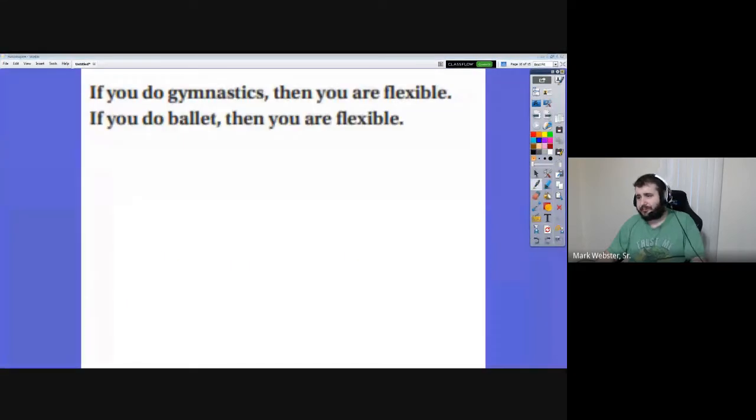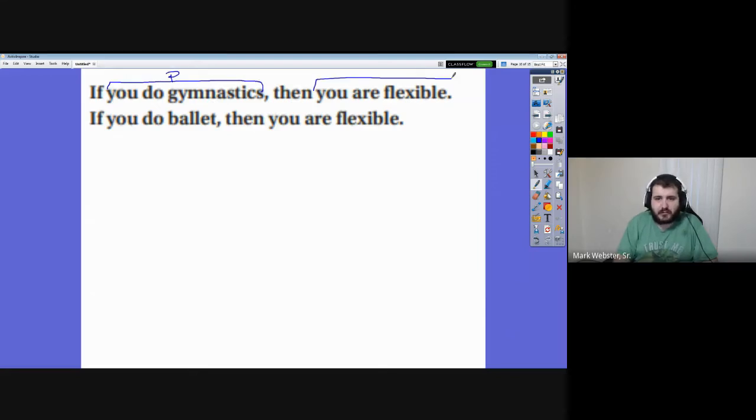Try this one out. If you do gymnastics, then you are flexible. If you do ballet, then you are flexible. So let's label everything out. You do gymnastics. That's a P. You are flexible. That's a Q. You do ballet. That's not a repeat of you do gymnastics or you are flexible, so we have to call this one R. You are flexible.